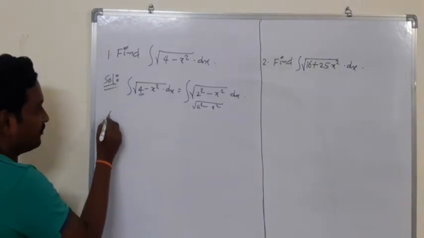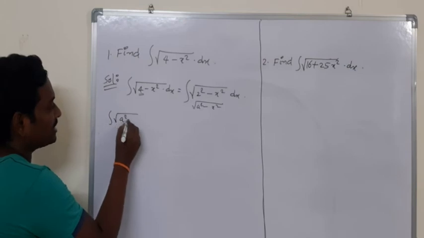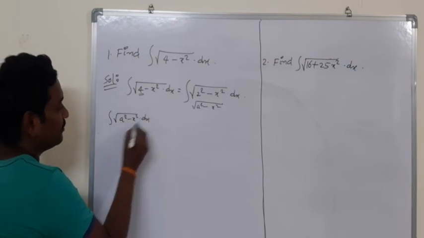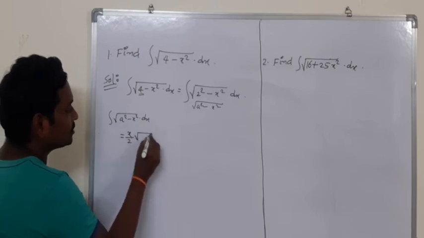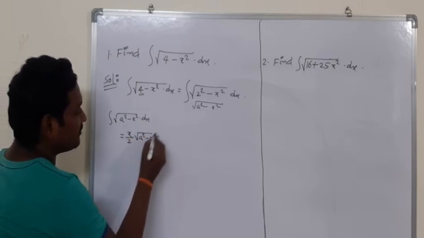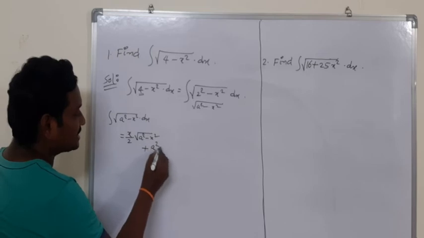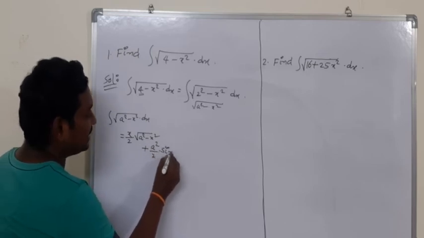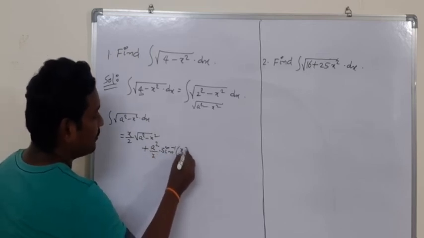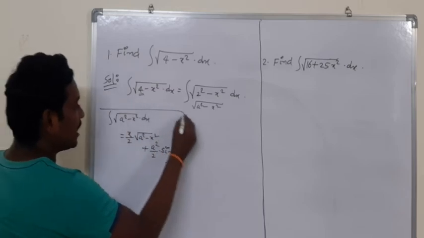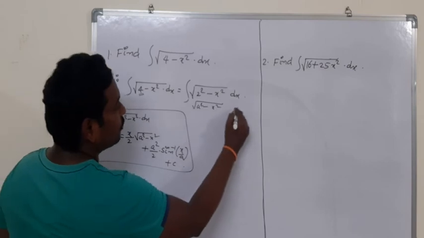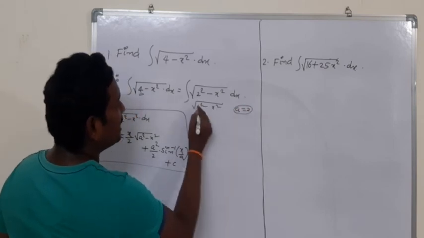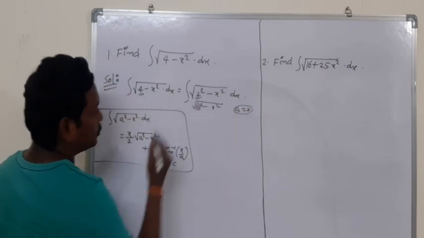Then what is the formula for integration of root over a square minus x square dx? In the first part we should write x by 2 and you will get a similar root, which is a square minus x square, plus a square by 2 into sin inverse of x by a plus c. According to this formula we can write the result of this integration now. Here don't forget one thing, a value is 2, a is nothing but 2.